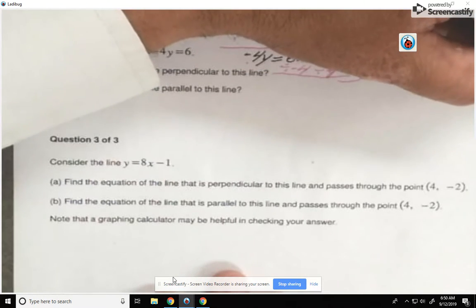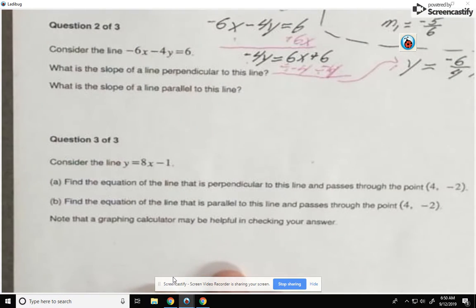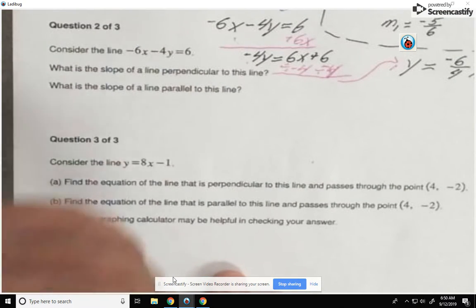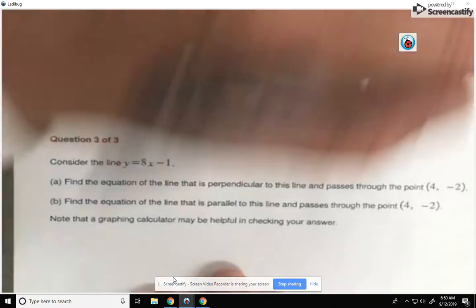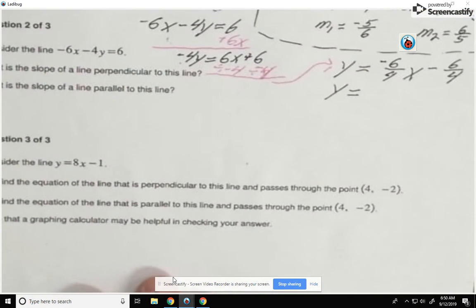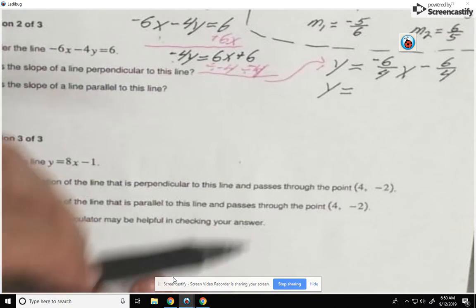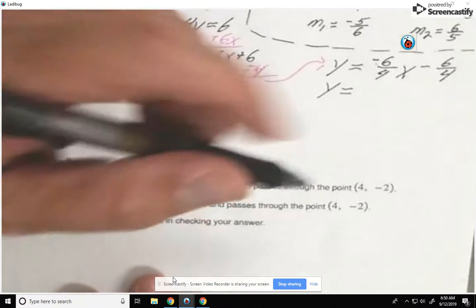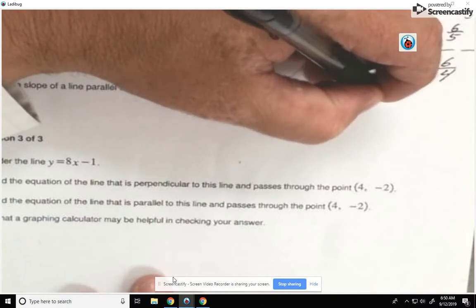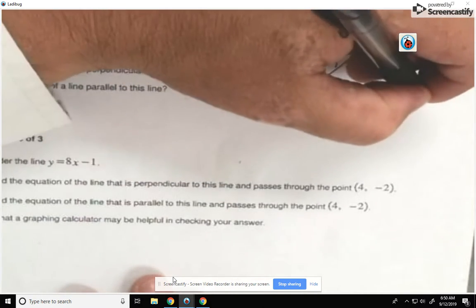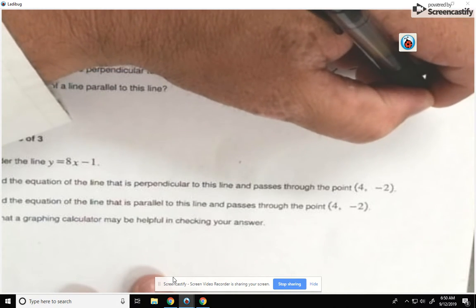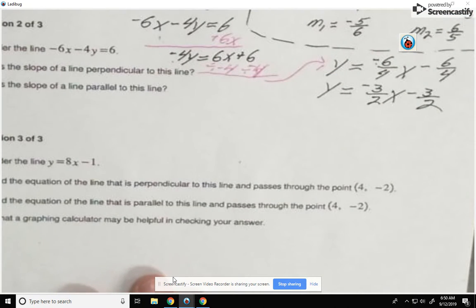Same thing with the y-intercept. At this point, we really don't need to worry about that. What we do need to do, though, is, since this is a fraction that is reducible, we want to reduce it. So -6 over 4 will reduce to -3 halves. So after a bit of rearrangement, we see that our equation is y equals -3 halves x minus 3 halves.